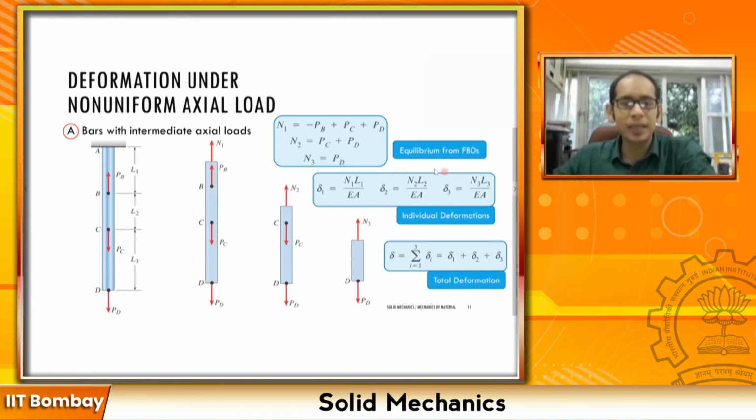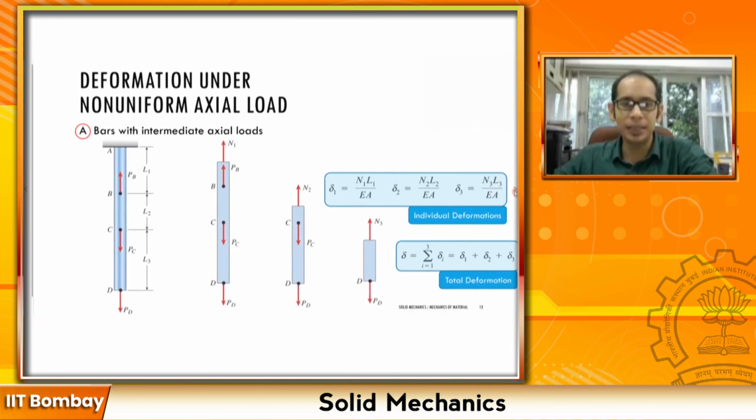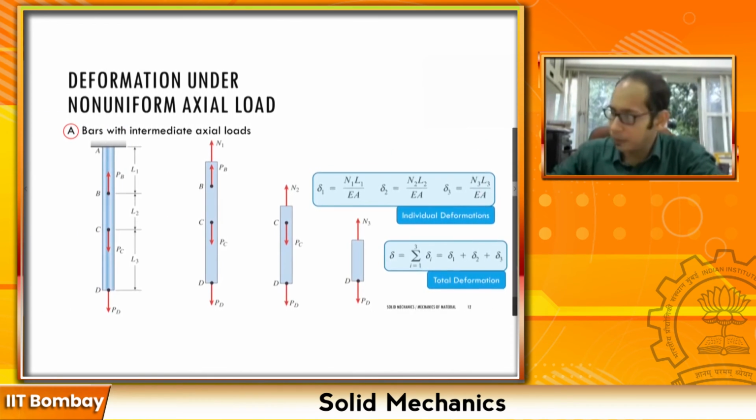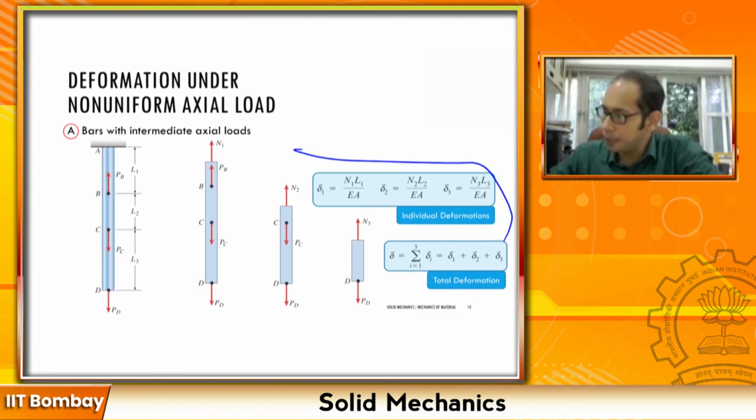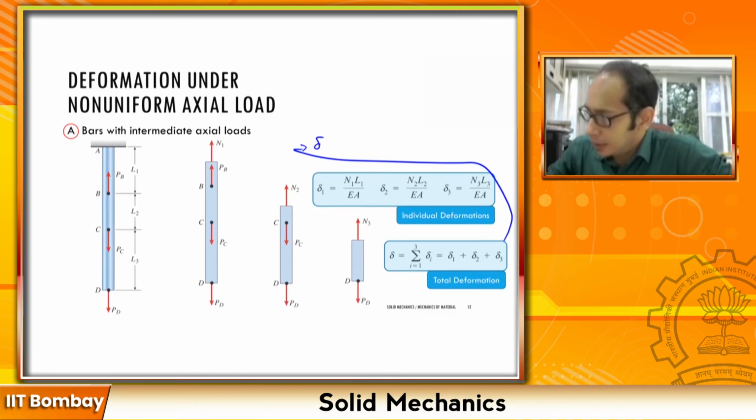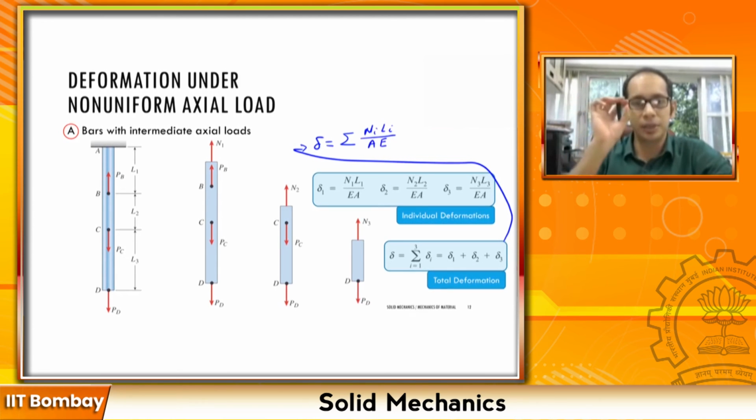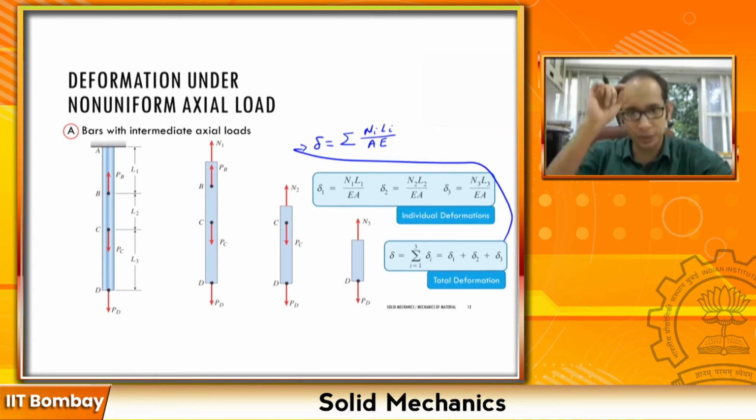So if I have to write this entire thing in a nutshell, I can write delta as a generic formula. I can write delta as the summation of Ni Li divided by A times E. The internal forces times those individual lengths divided by the area of cross section, which is constant throughout this entire length, times the Young's modulus, which is constant if you're looking at a bar which is made of one single material, right?